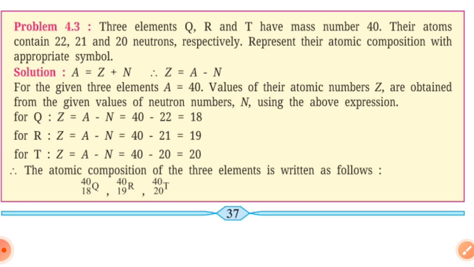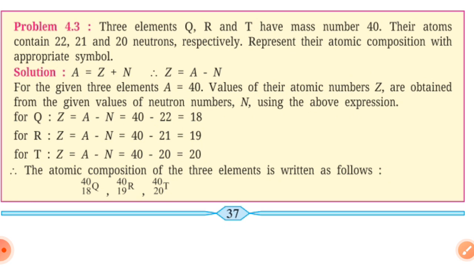For Q, Z is equal to A minus N, which is 40 minus 22, equal to 18. For R, Z is equal to A minus N, which is 40 minus 21, equal to 19.